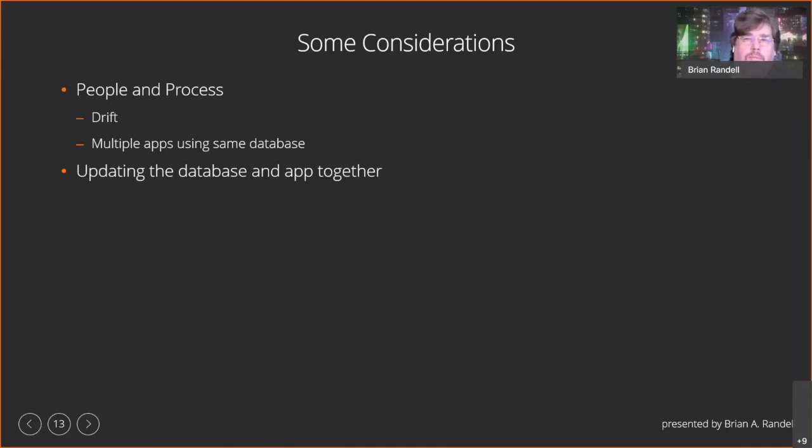Now, one thing that people want to be able to do is update the app and the database together. And this can be done very easily with the tools I'm going to show you in simple cases. But as you get to large-scale online 24/7 applications, it gets complicated. And so you'll often have to come up with a plan where your application is resilient against different versions of the database.